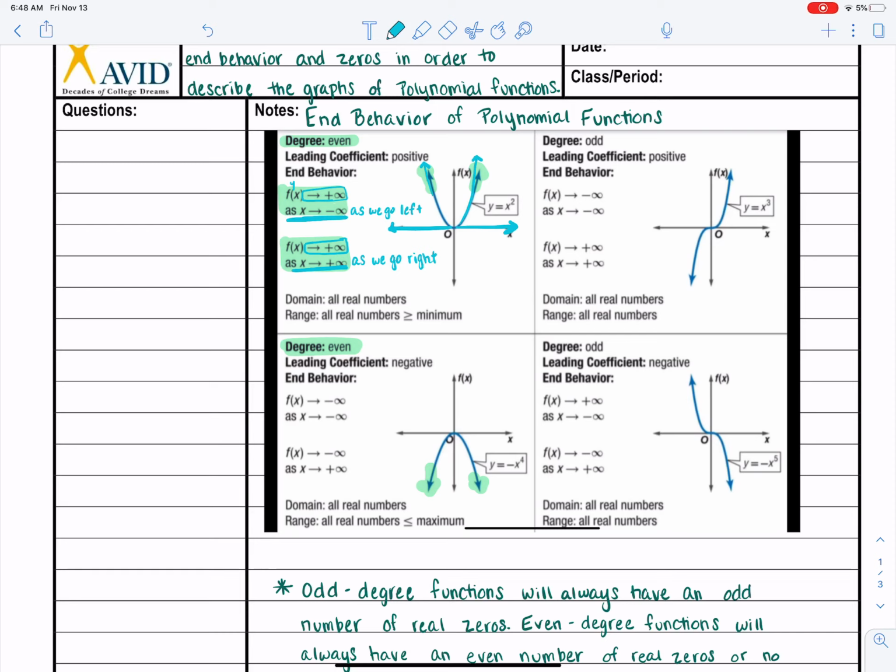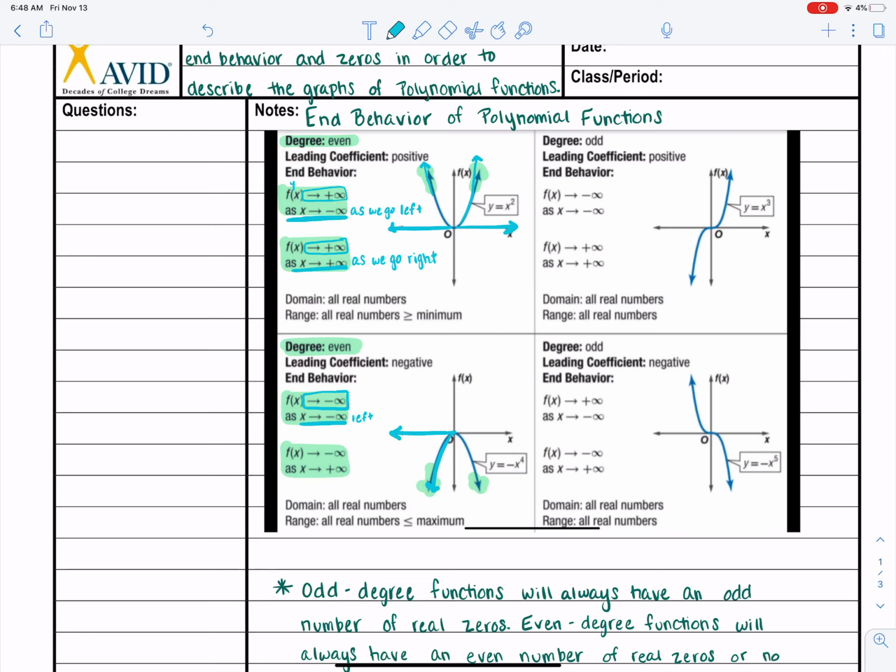Looking down again, if the degree is an even number, that means my end behavior will go the same direction. So as x goes to negative infinity, as we look to the left, my y values are going down, so they're approaching negative infinity.